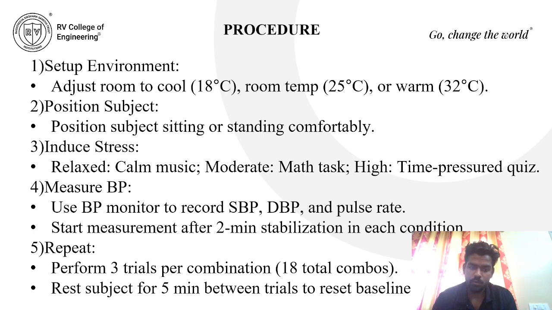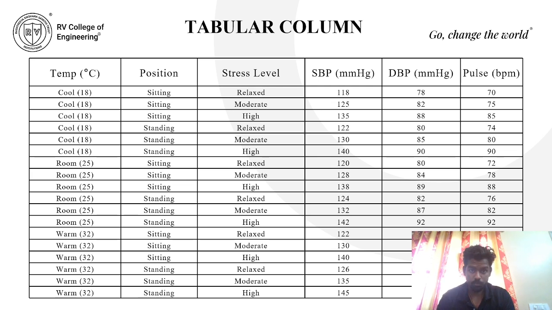Subjects rested for 5 minutes between trials to return to the resting baseline. So these were the different combinations of temperature, position, and stress level, and the corresponding SBP, DBP, and pulse rate.